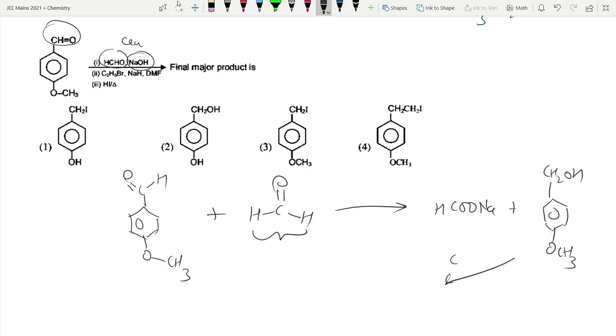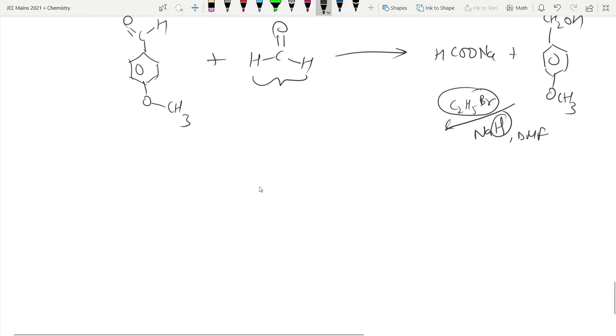And then what do we have now? So we have C2H5Br and NaH in DMF. Wow, sodium hydride. If you have sodium hydride, then it will abstract this H plus from here, and with this alkyl halide, this is Williamson synthesis. So you will get this alkoxide ion first. Ether will not take part.